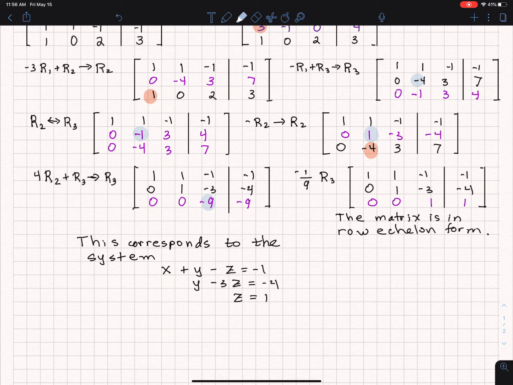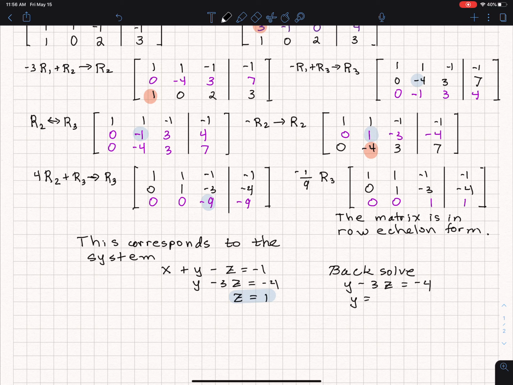And as we see right off, we have the z coordinate. What we're going to do is back solve, which means that we go to the equation right above z equals 1, which is y minus 3z. The point being is there's no x there.